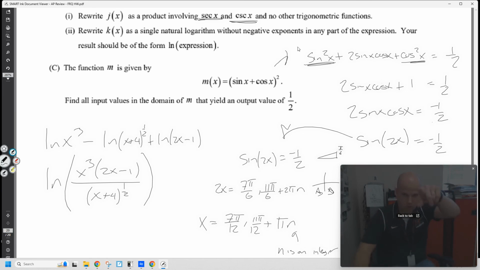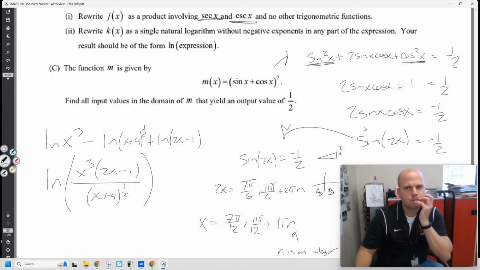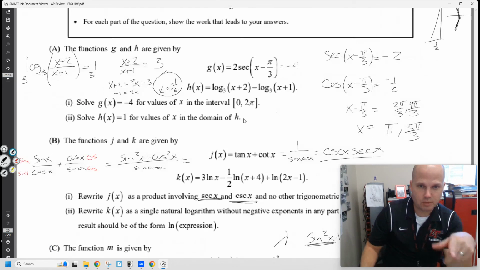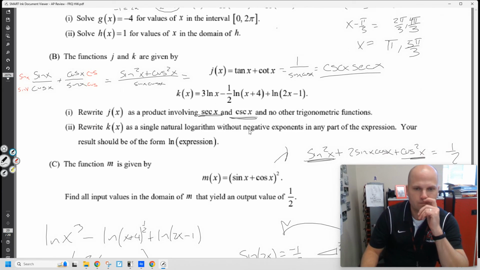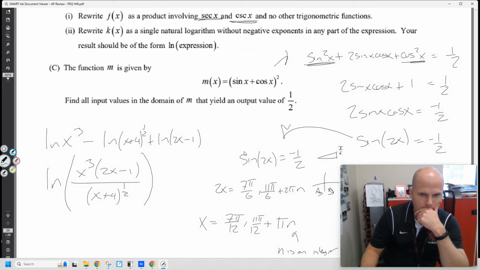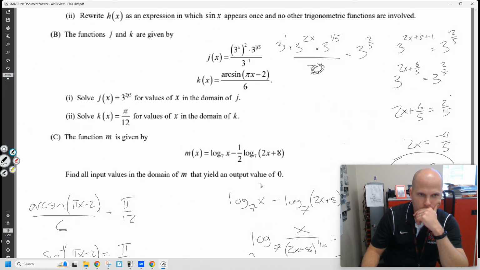I'll say this, that was too hard. I don't think they're going to put that on the test. Some of the simplifications of the trig identities, a little too hard, from what I've seen. I like these questions.